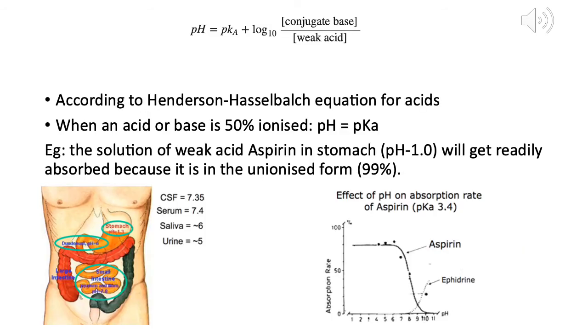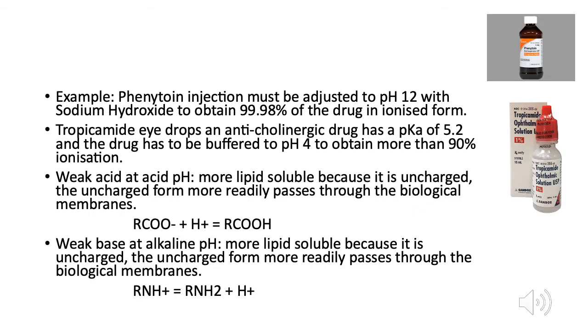According to the Henderson-Hasselbalch equation for acids, when an acid or a base is 50% ionized, the pH equals the pKa. For example, a solution of weak acid aspirin in the stomach at a pH of 1, a very acidic environment, will be readily absorbed because it's in its unionized form at 99%.